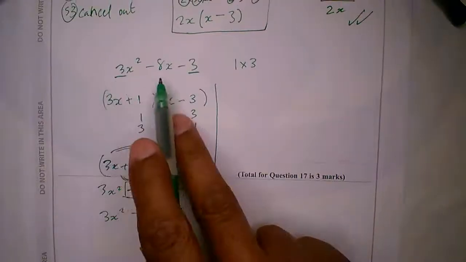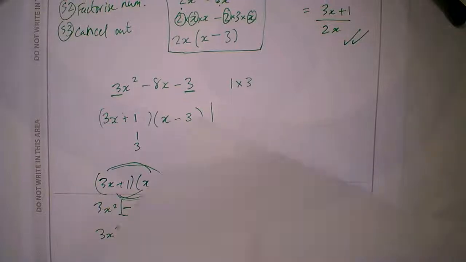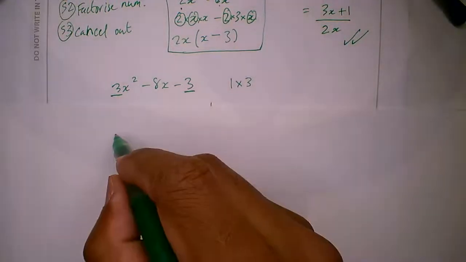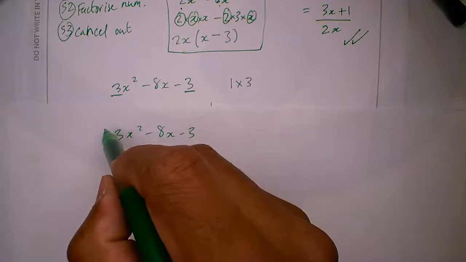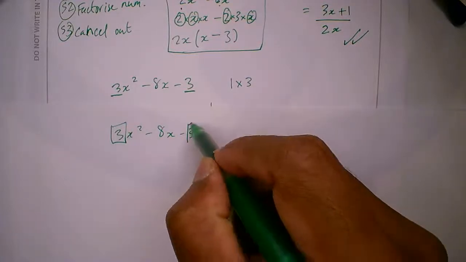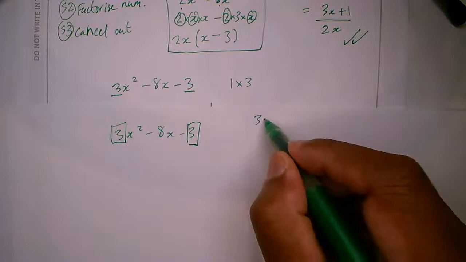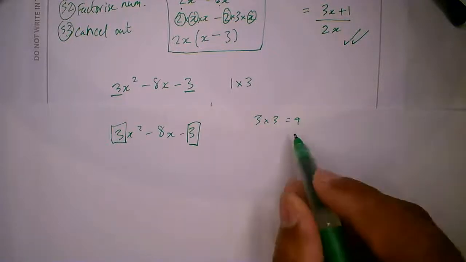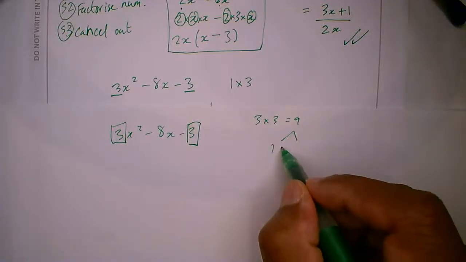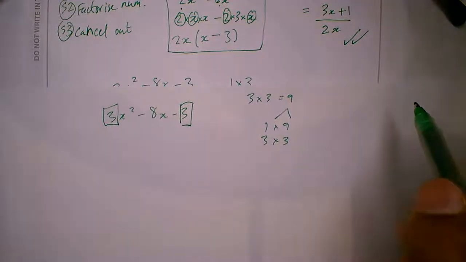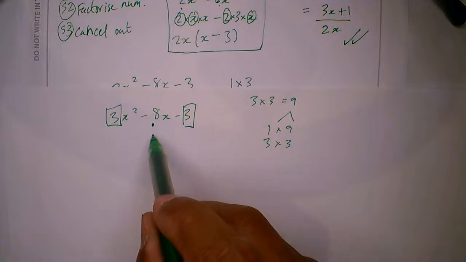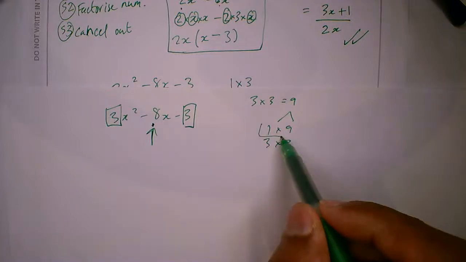Now going back to factorizing this, most of you are familiar with the other way, which is usually 3x squared minus 8x minus 3. I take my a term and my c term and I multiply them. 3 times 3 gives me 9. What makes 9? 1 times 9, 3 times 3. And I'm looking at the b term, which one is connected to 8?